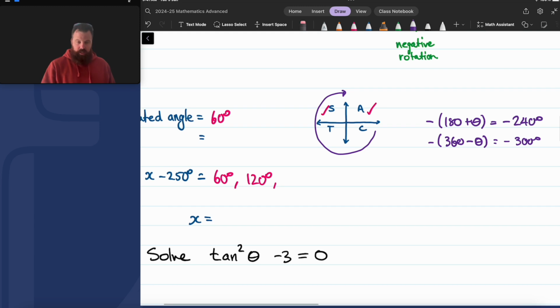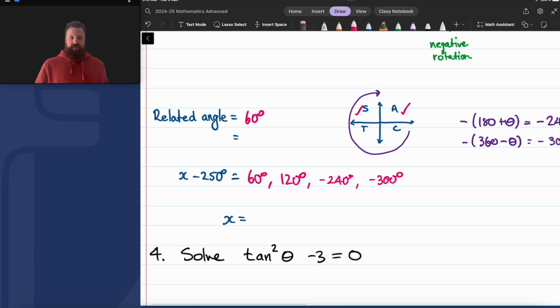Remembering our negative rotations, that's where I got those from. If you need more explanation of that, ask me later on in class. So negative 240 degrees, negative 300 degrees. There we go. But remember, this was before we did the shift.